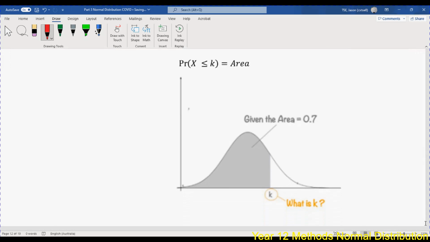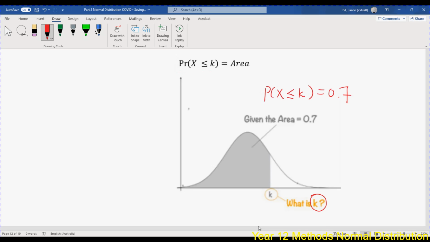So what you're going to find is, for example, if I give you the area on the left hand side of a certain boundary K, if I give you the area 0.7, how can you find the value of K? In terms of probability statements, it would be in the form of P(X ≤ k) = 0.7, and you need to solve this one for k.